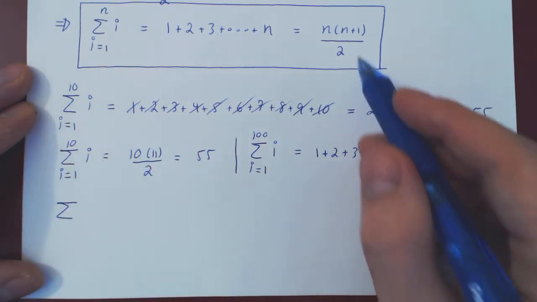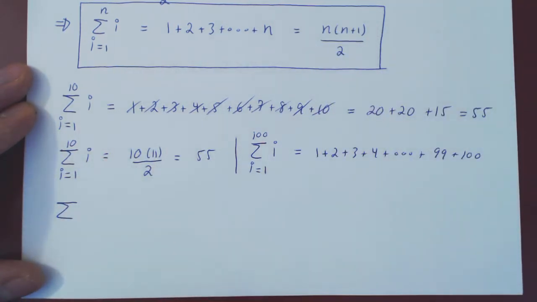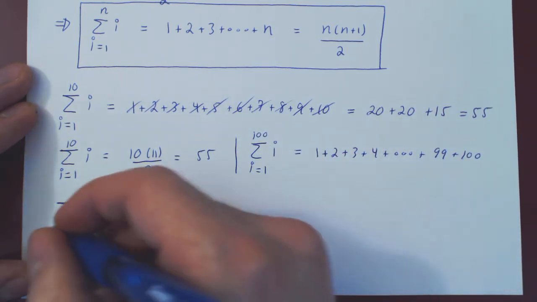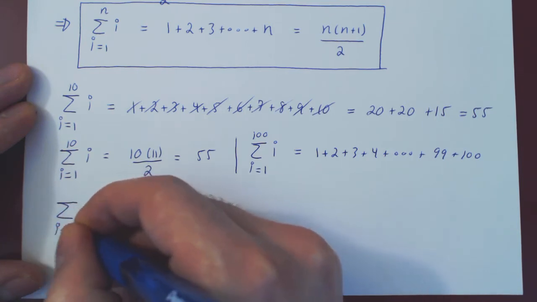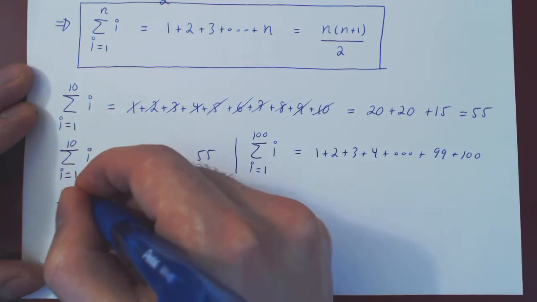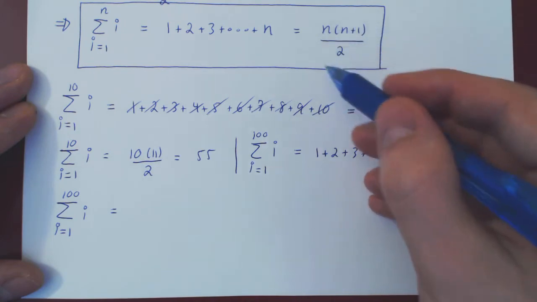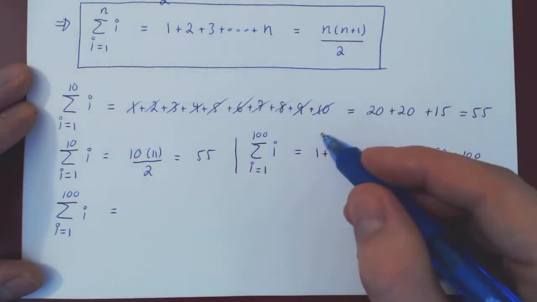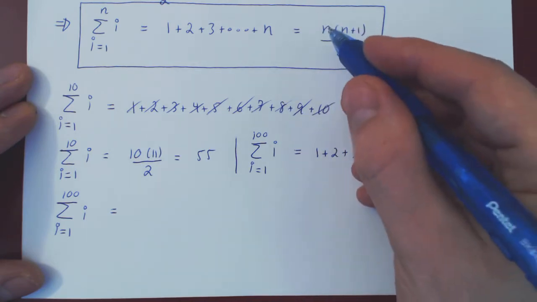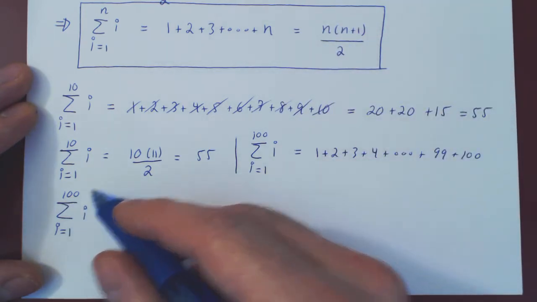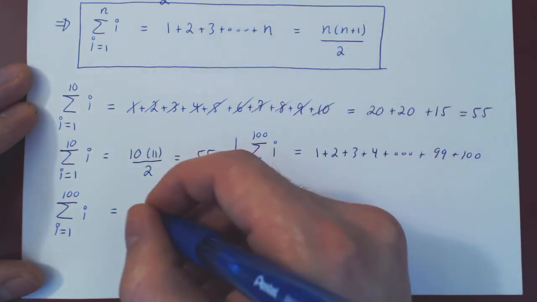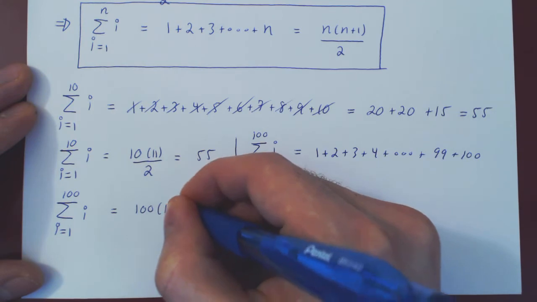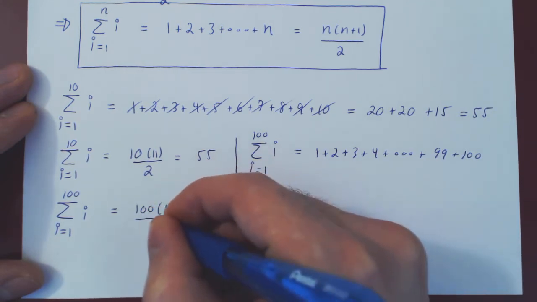And here you'll really appreciate how slick of a formula this is when n is slightly larger. So again, we are summing now i from 1 to 100. With our formula, we can evaluate the sum bypassing the brute force sum and just plug in n in here. So here, n is 100, so we'll have 100 times 100 plus 1 over 2.